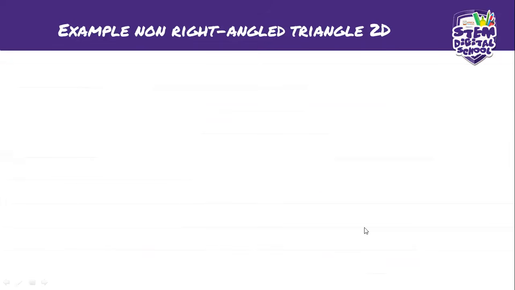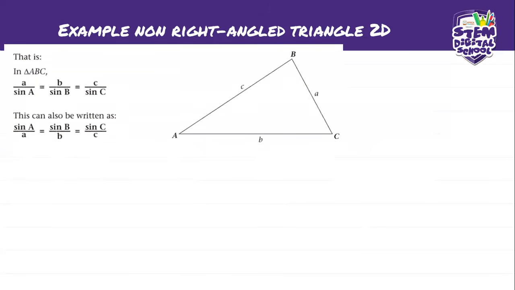All right. Now let us have an example on non-right angle triangles, but specifically for 2D, two-dimension problems. The example that we're having here, on the left-hand side, there is a formula for the sine rule.